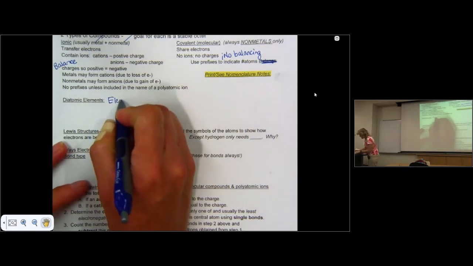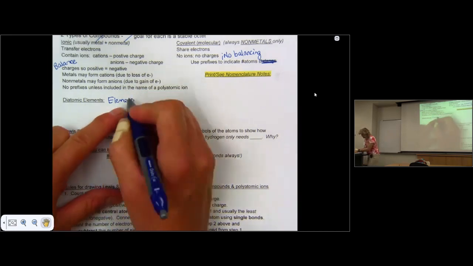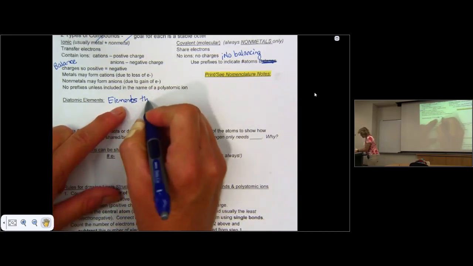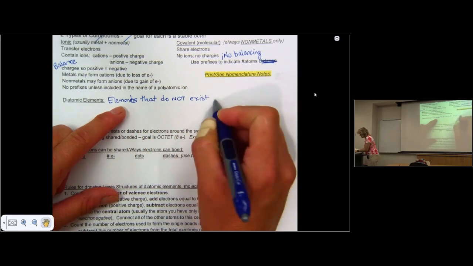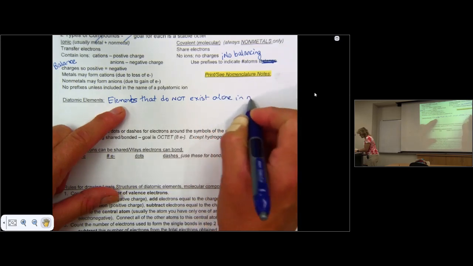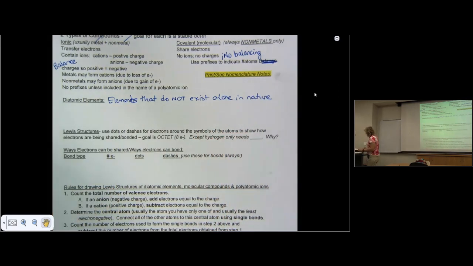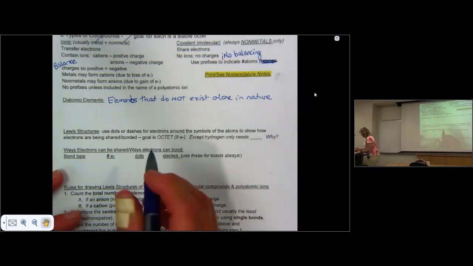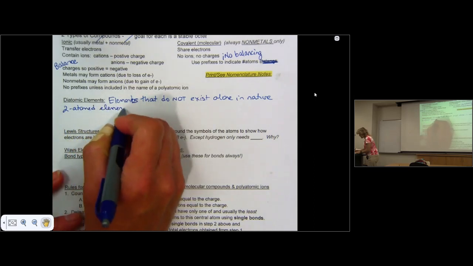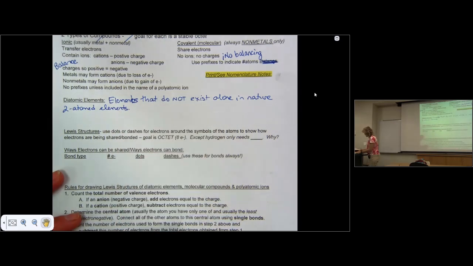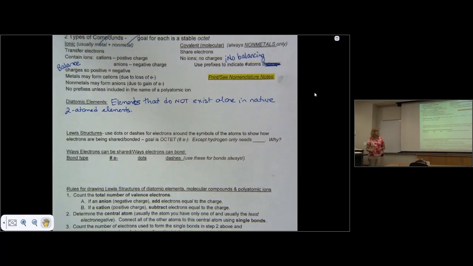Elements that do not exist alone in nature. They are two-atomed elements.